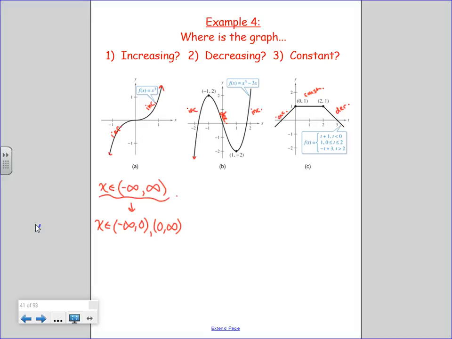Okay, next one. This was increasing, right? Where's the next one increasing? Negative infinity, remember, it keeps going. So it's going to keep going left.